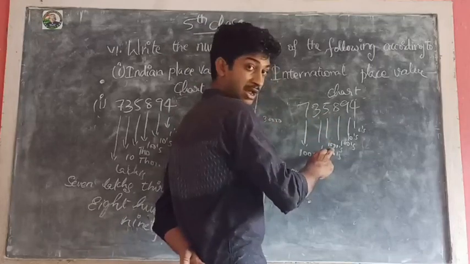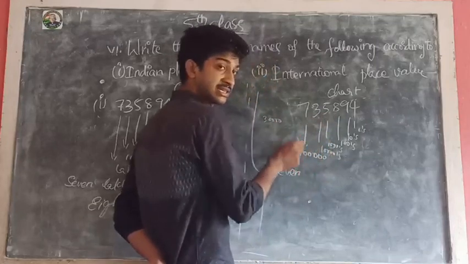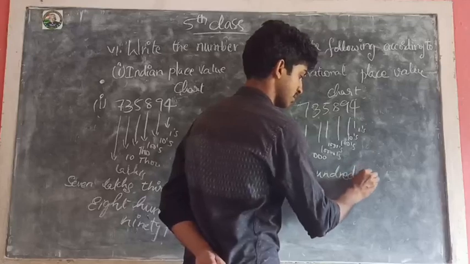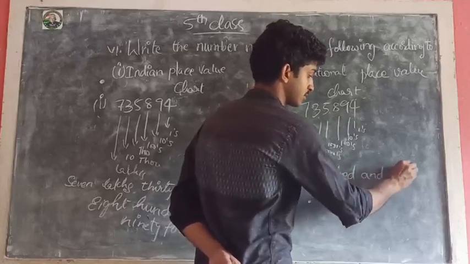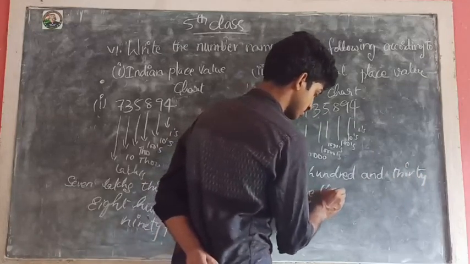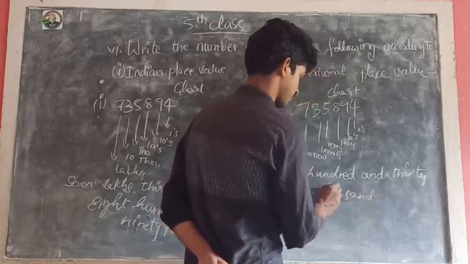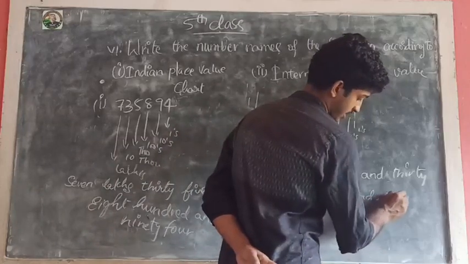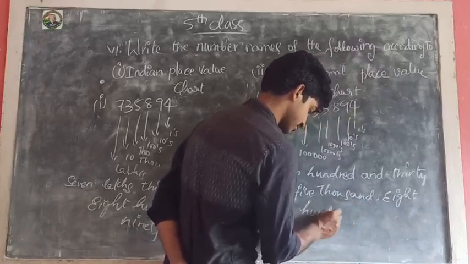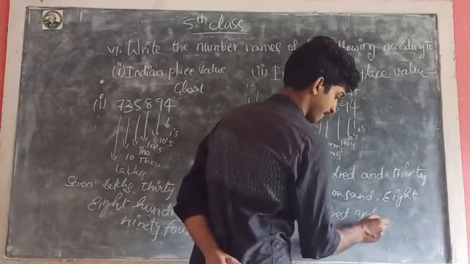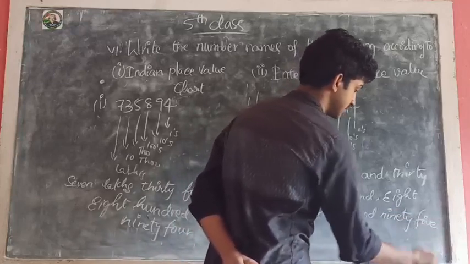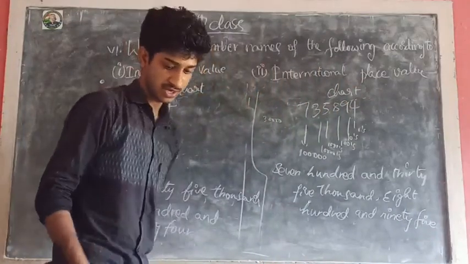And 5 is in the thousands place, so 5,000. Add these three: 700, 35,000 and 895. This is the word form in the international place value chart.